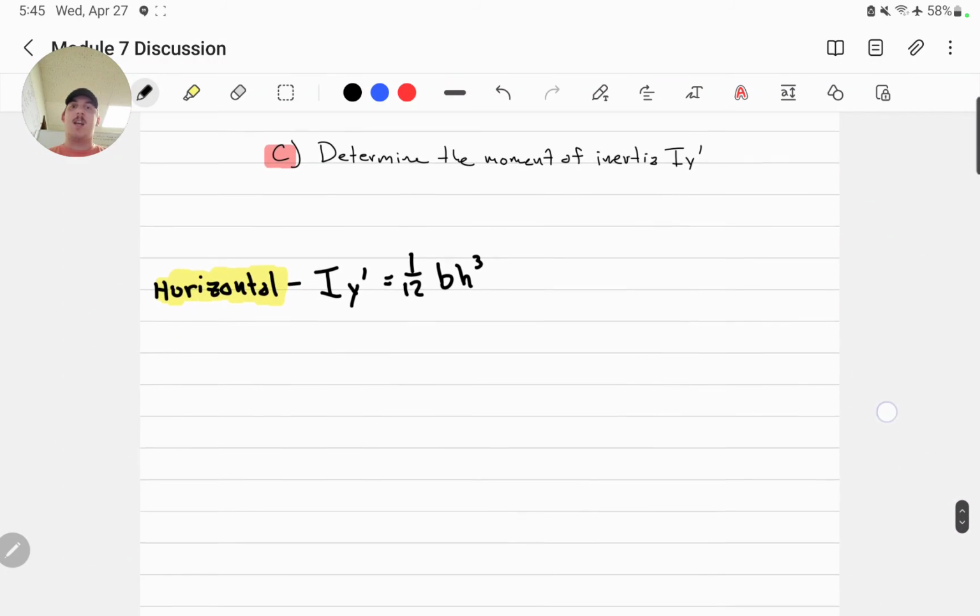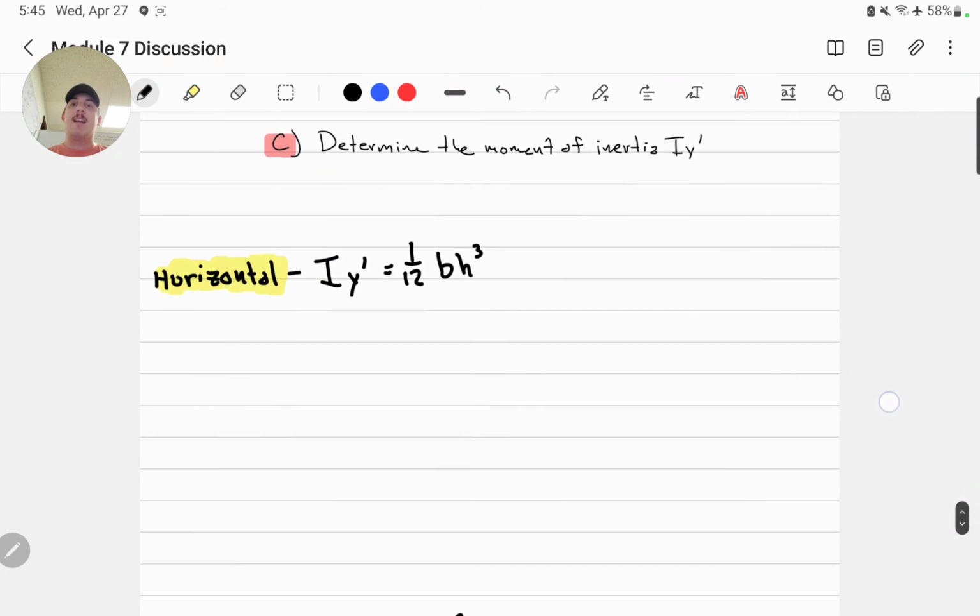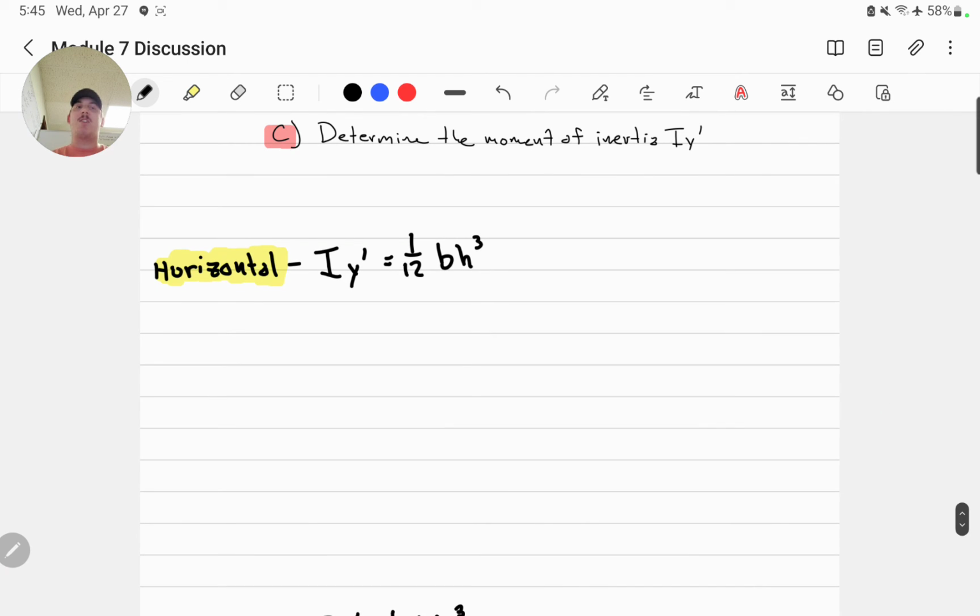Finally, Part C. I don't think I need to go into it too much. With these being two rectangles, the setup is different in terms of what your base and heights are because it's in relation to y, but the formulas are the same. So I'll plug this in real quick. 1 over 12 base is 20 times height 150 cubed, and that equals 5,625,000.